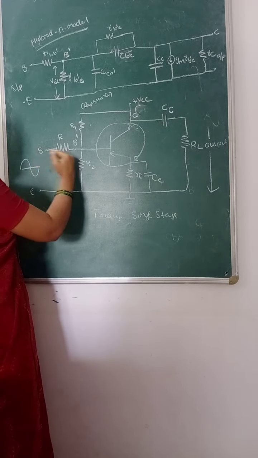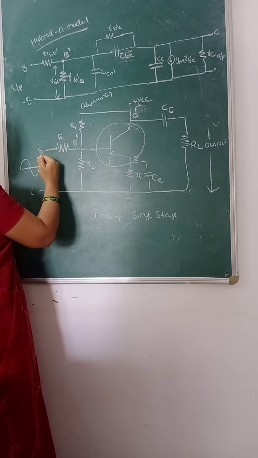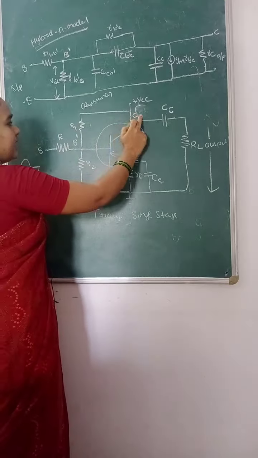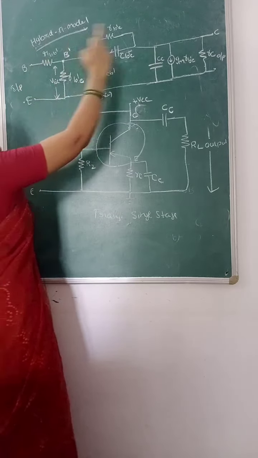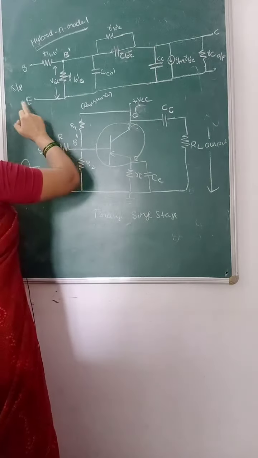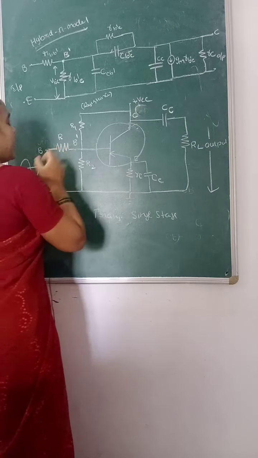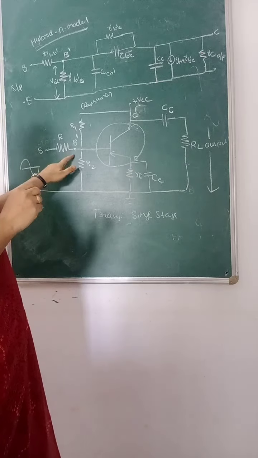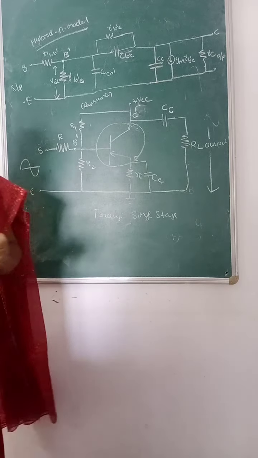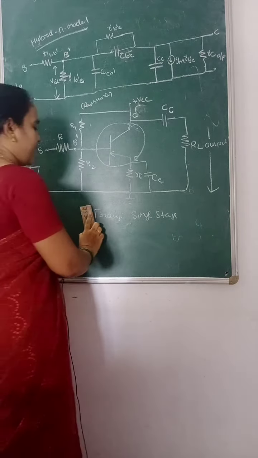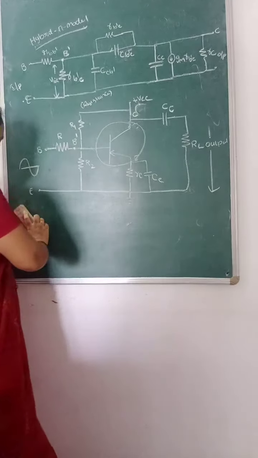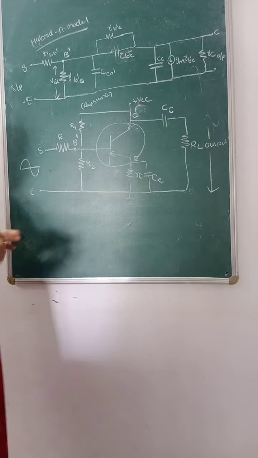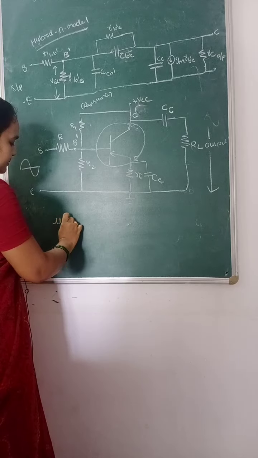As usual, in the case of a transistor, we will have the three terminals: base, collector and emitter. And here we also have a small terminal called B dash. B dash is the internal base terminal. Its value is very negligible, of the order of micro ohms.